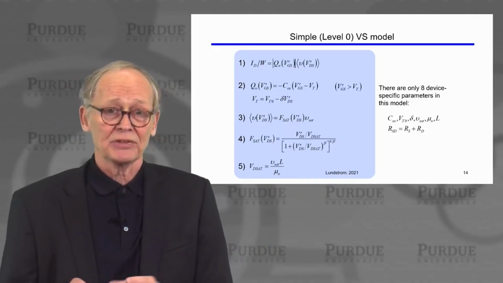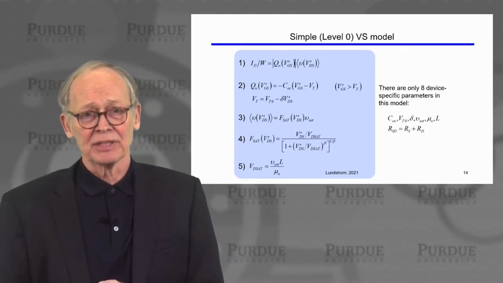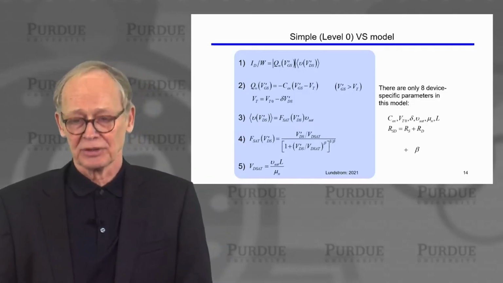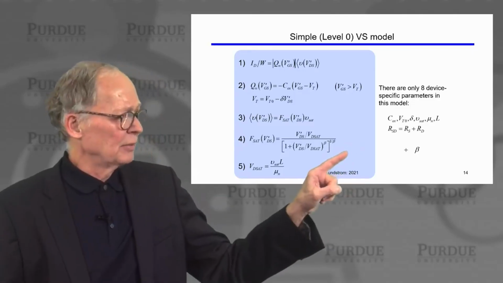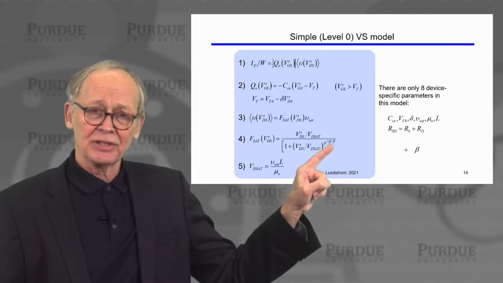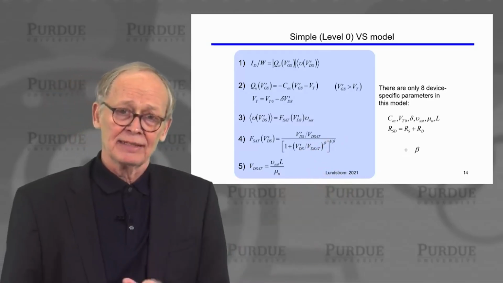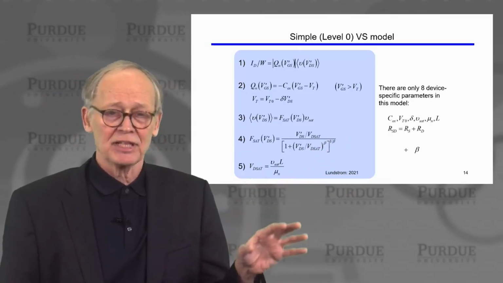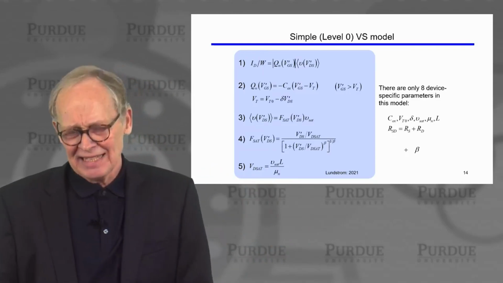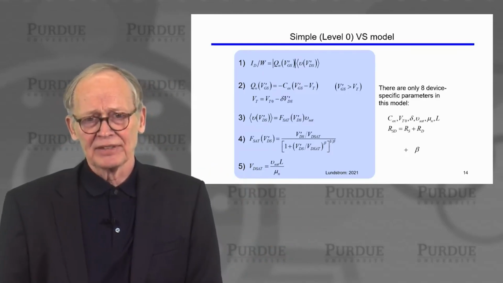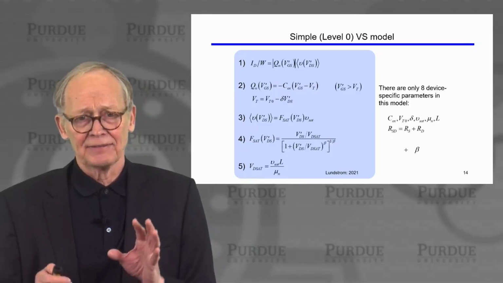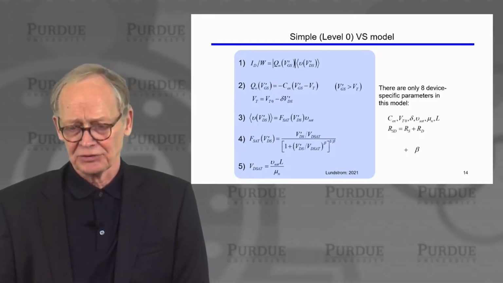We will revisit this model and dive into it deeper and deeper as we progress through the course. There is one other parameter, beta, in this empirical expression that connects the linear regime to the saturated regime. But that typically applies to a broad class of devices and doesn't have to be fit to every specific transistor.